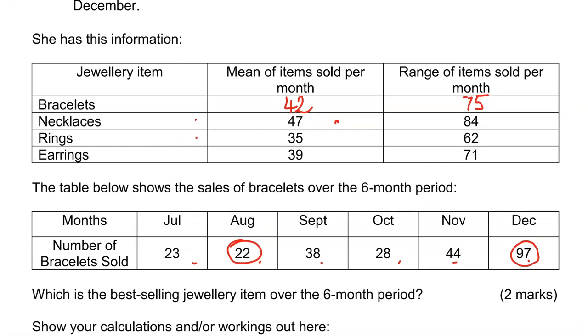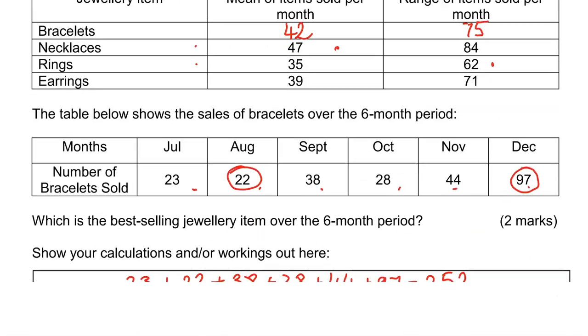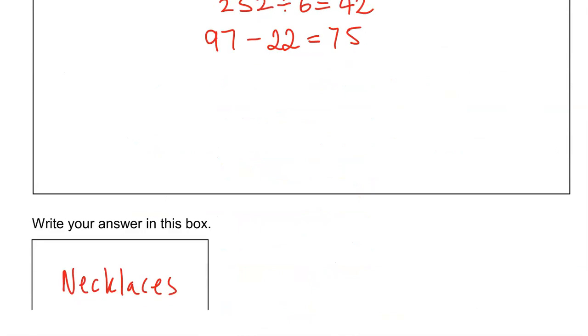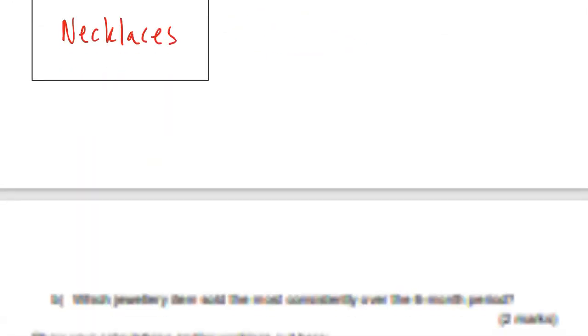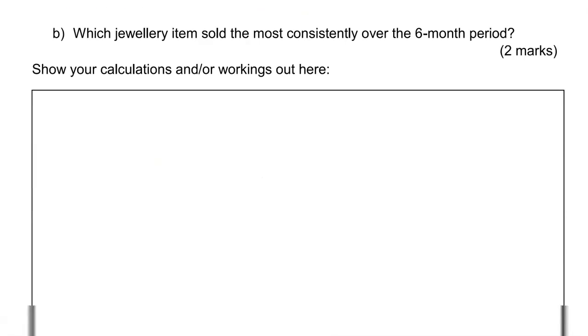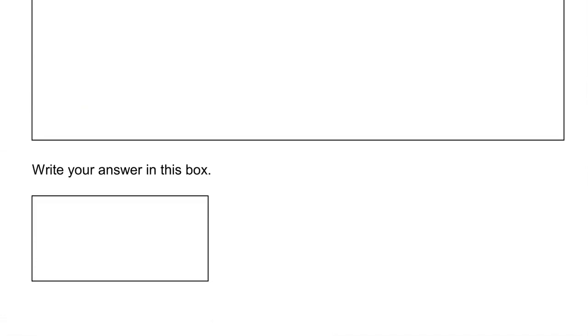So which number is the lowest here? It's going to show more consistency. So we've got 62 being the lowest, and that's rings. We've already shown the working out, so we don't need to repeat it.